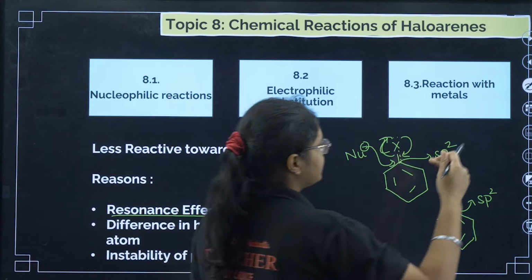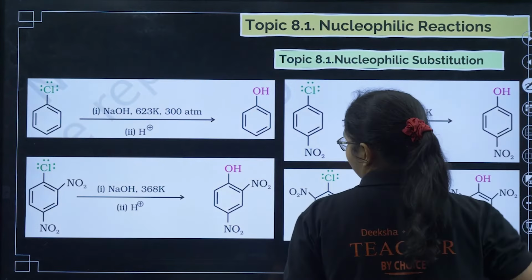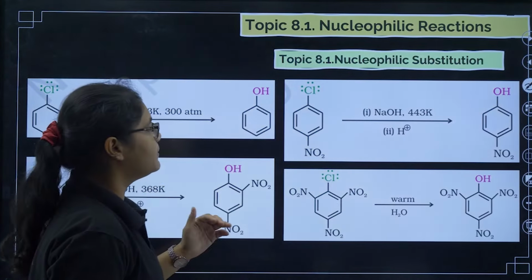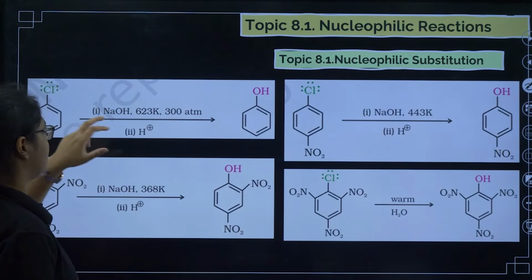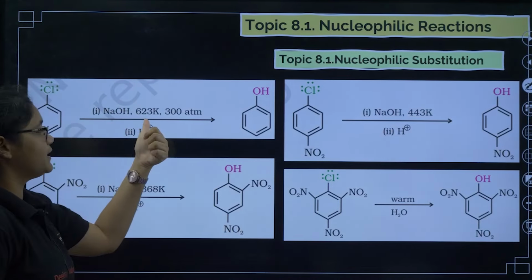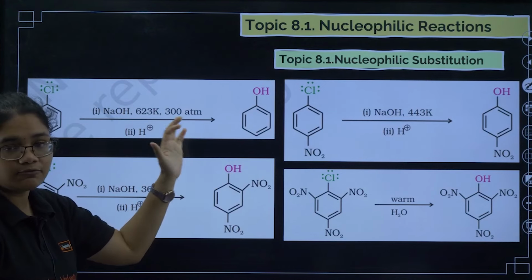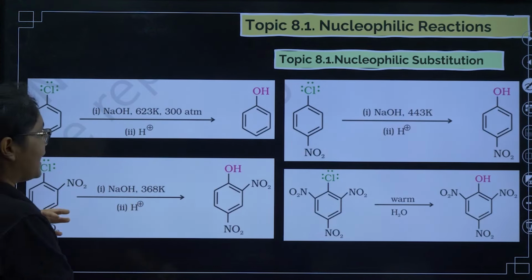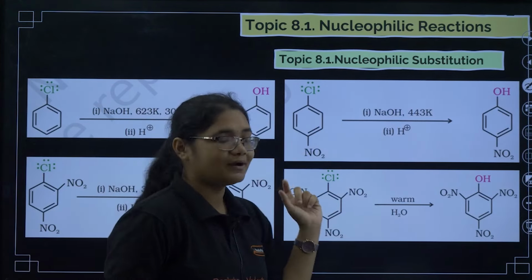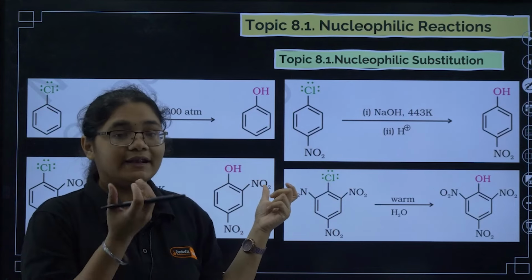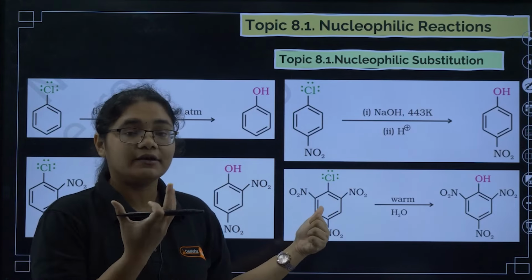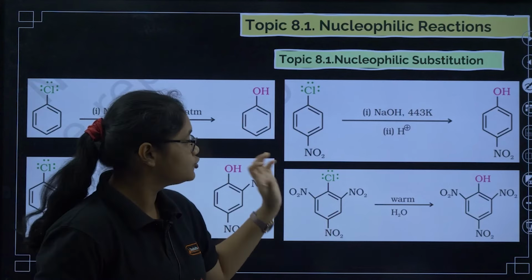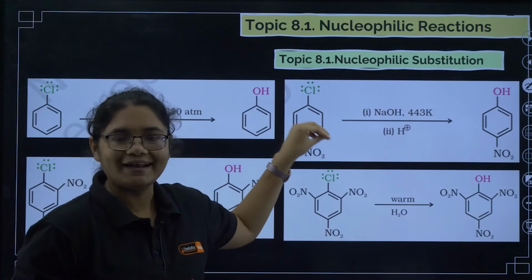But does that mean that there are no nucleophilic reactions? No, there are nucleophilic reactions, but under certain conditions. Initially, if you just take Cl and OH minus, you need 623 Kelvin and 300 atm of pressure. But what if you add one NO2 group? What exactly is this NO2 group doing? It is reducing the electron density. It is an electron withdrawing group. It reduces the electron density so that the nucleophile can attack easily.